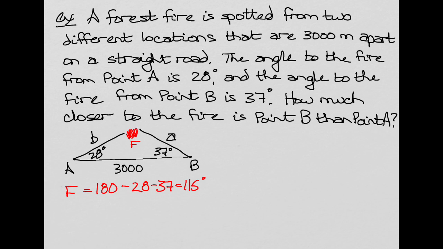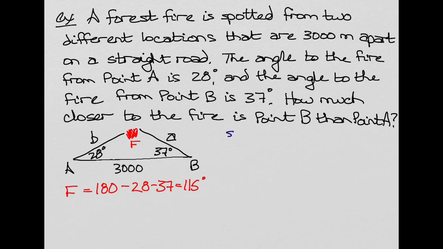Now I want to find, it doesn't matter which one we start with, I'm going to start with A, I guess. So my matched angle and side pair are angle F and side F, the road.